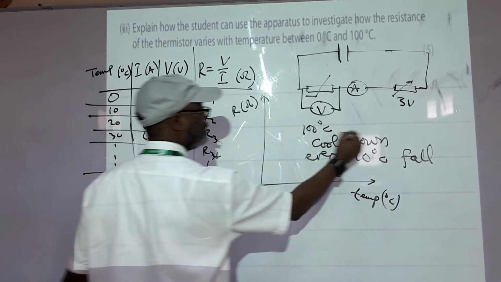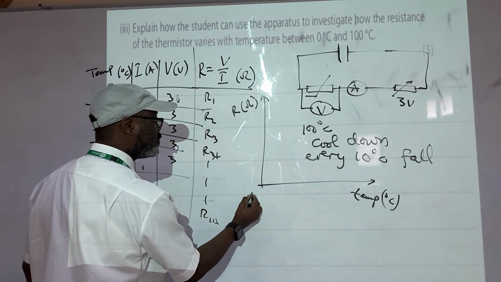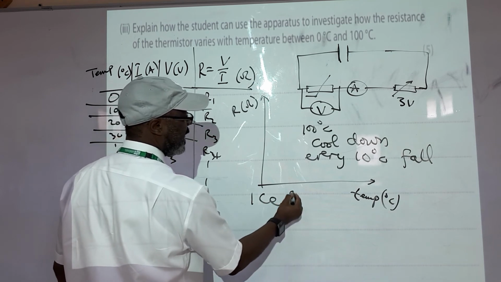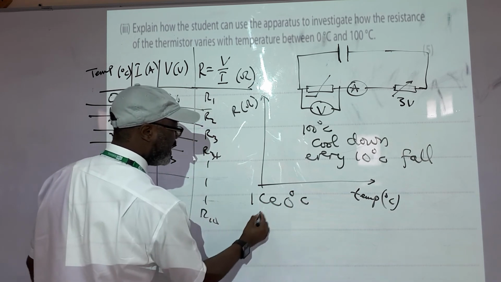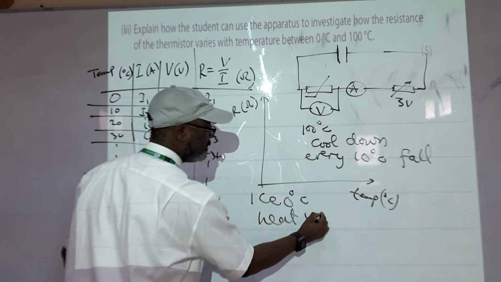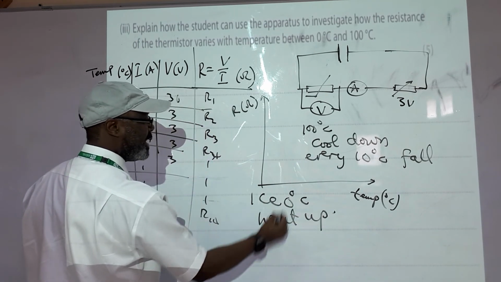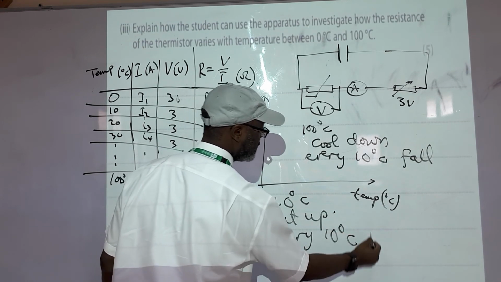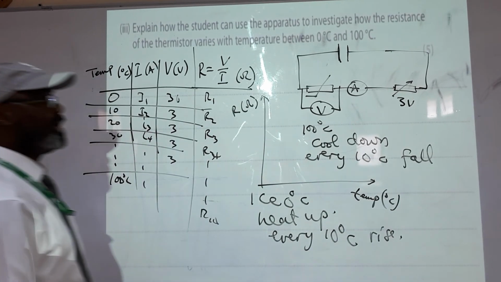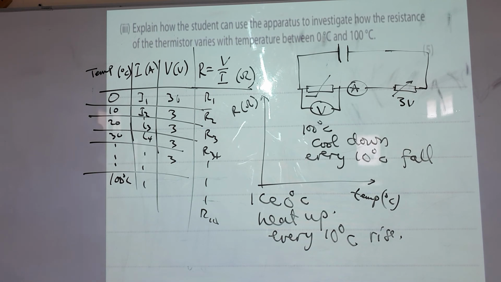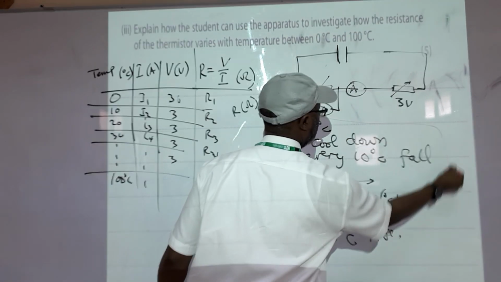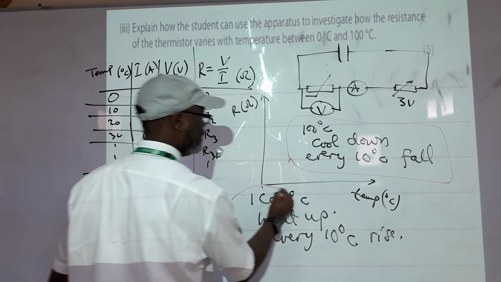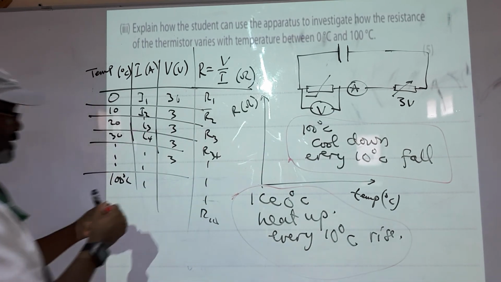Or you can start with ice at 0 degrees Celsius and then heat it up, and take the readings every 10 degrees Celsius rise in temperature. Either of these methods will give you a similar result.